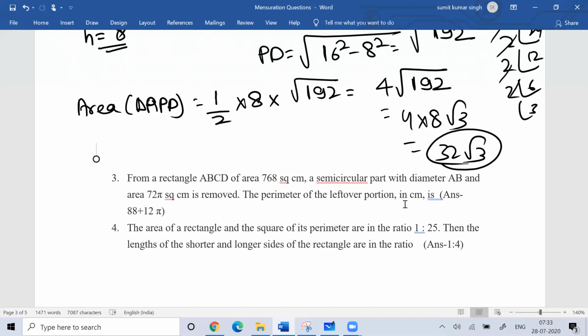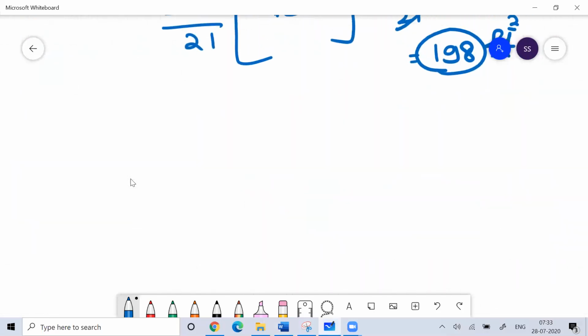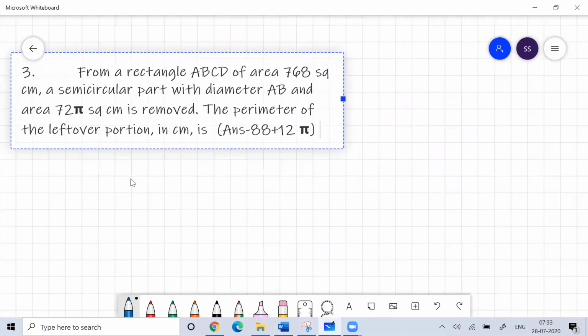Find the perimeter of the leftover portion in centimeter. So now this is the question.